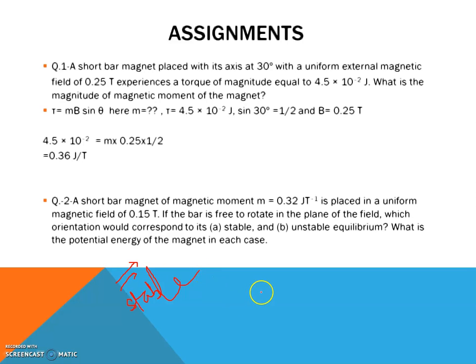And when the magnetic field is anti-parallel to the magnetic moment, then that state is unstable.